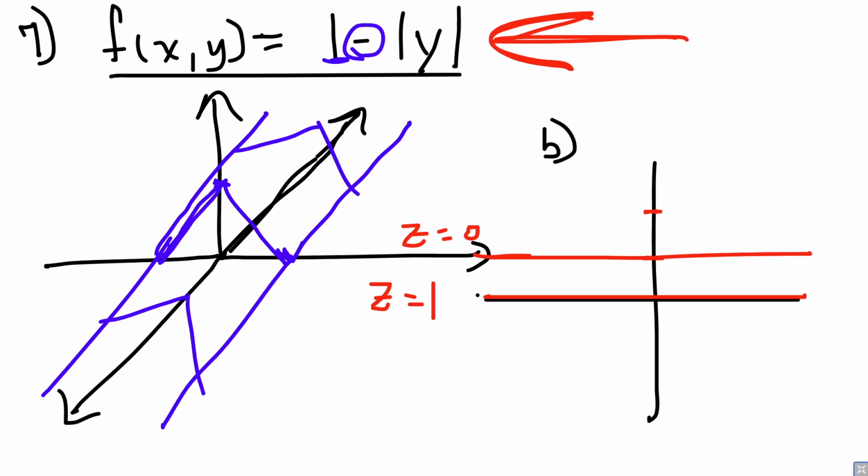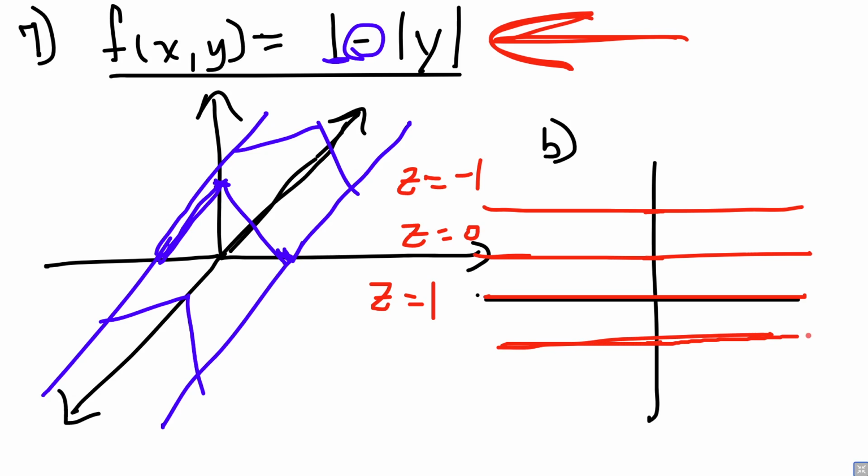All right. Suppose that y is 2. What value of z am I going to get? -1. Yeah. Okay. So now if I go down, if y is -1, what value will I get? 0.